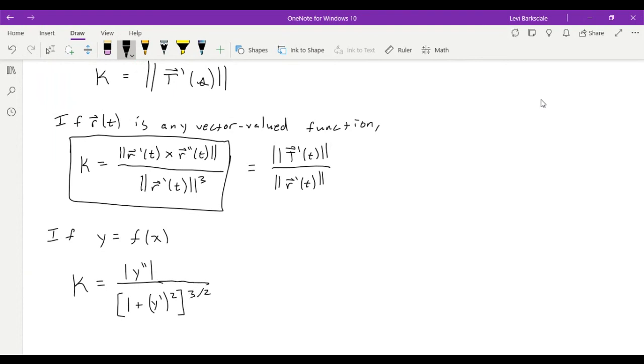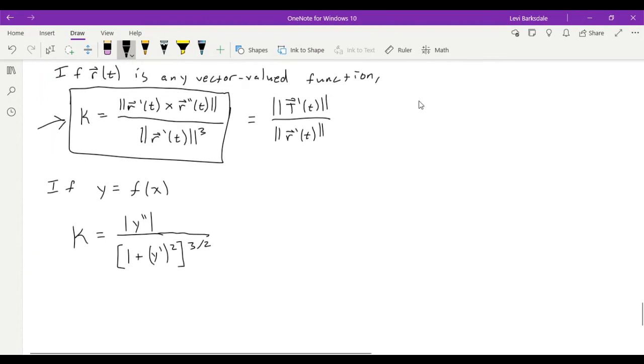And this one is also probably good to know. I have seen it a couple of times in Math 2419. So just know that this one's there. This second one, though, is probably the biggest one.